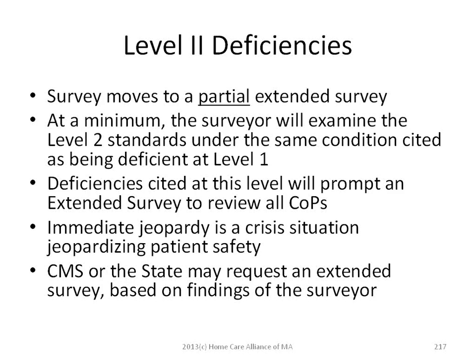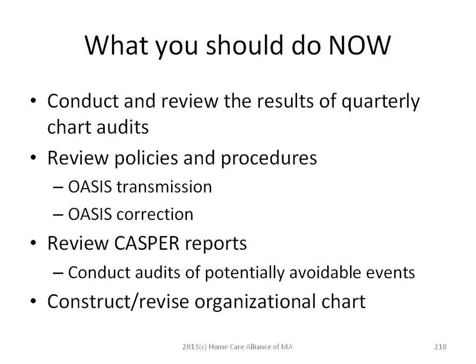And sometimes this is serious enough to put the agency in what is called immediate jeopardy, which is a crisis situation which does jeopardize patient safety. CMS or the state, as I had said earlier, may request an extended survey based upon the findings of the surveyor. So what do you need to do now?